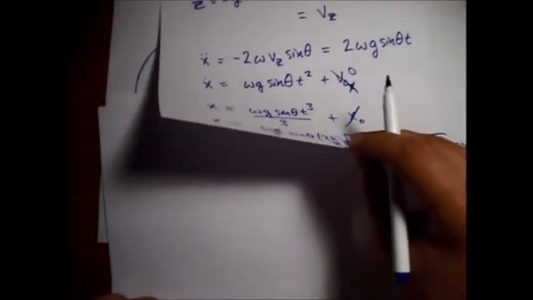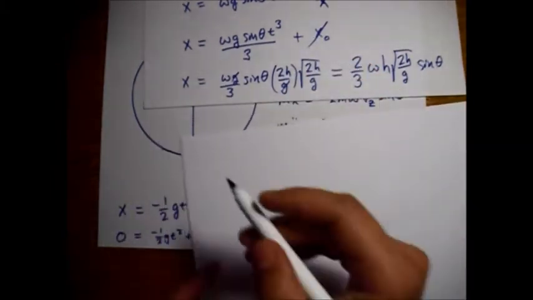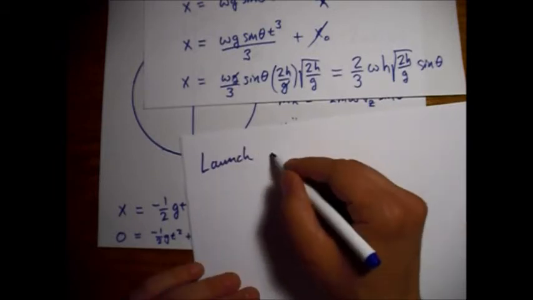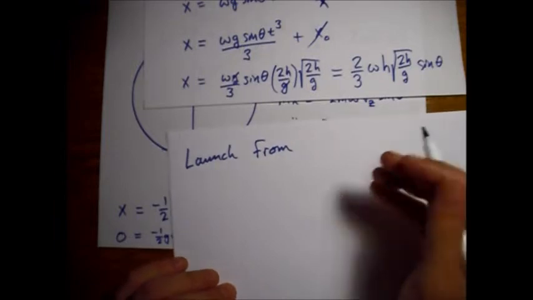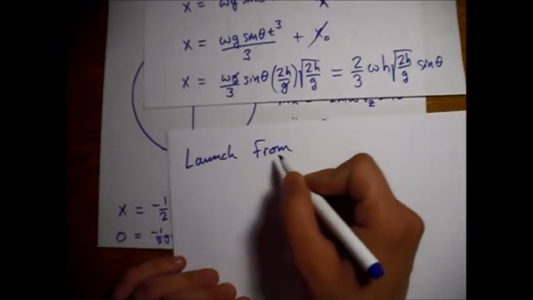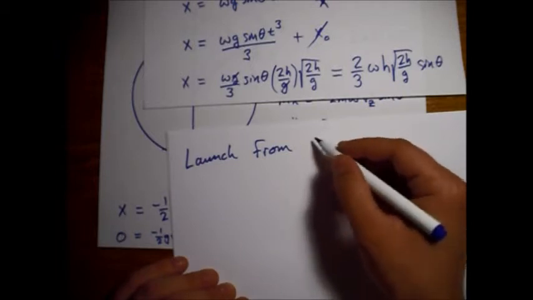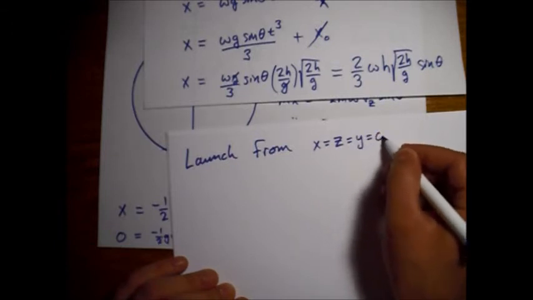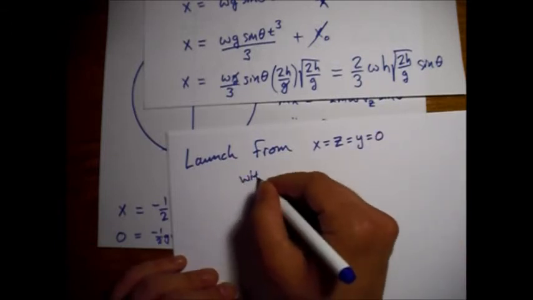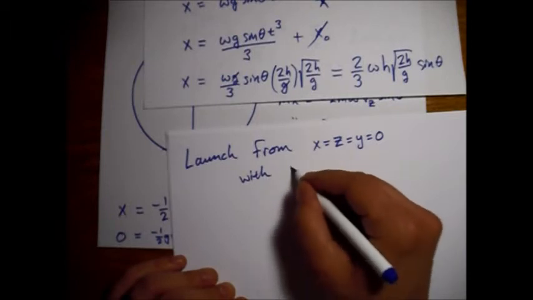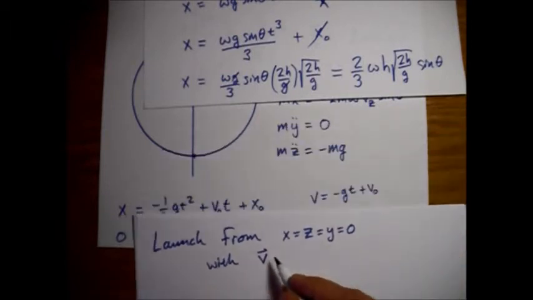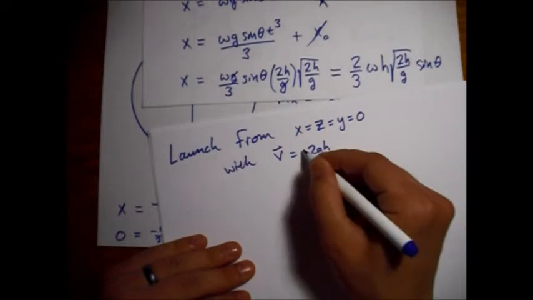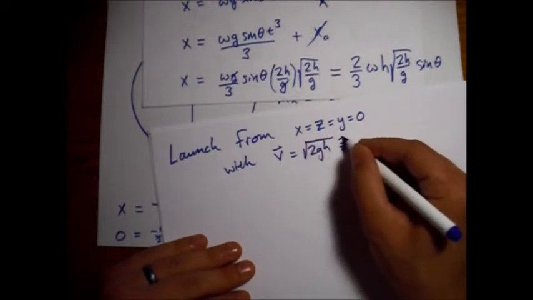Now we will launch it back up, starting at x equals 0 again. Okay, launch from the origin with a velocity of 2gh under square root in the z direction.